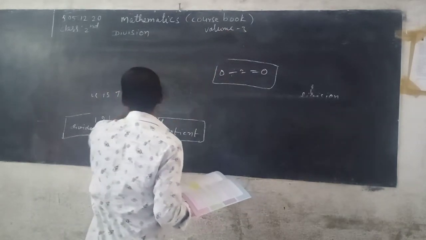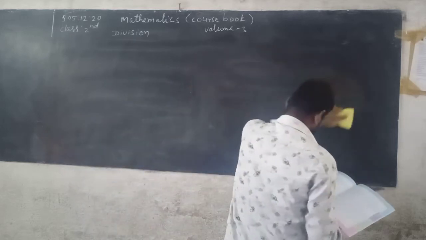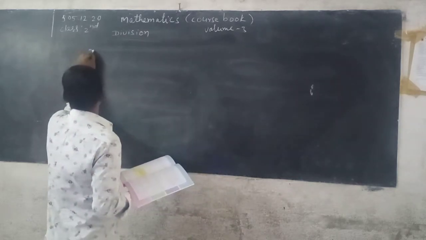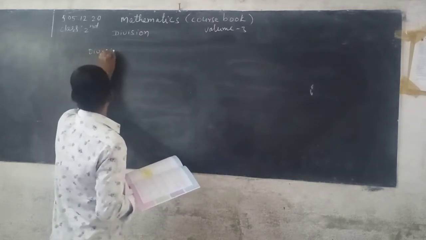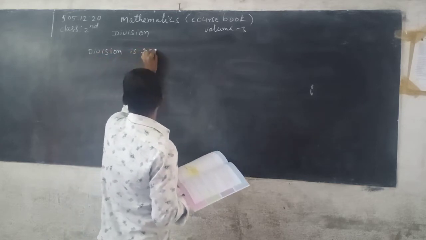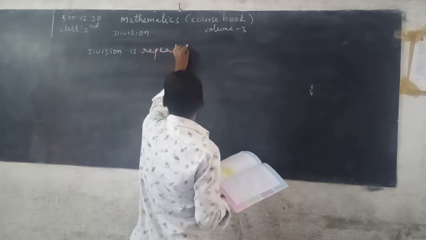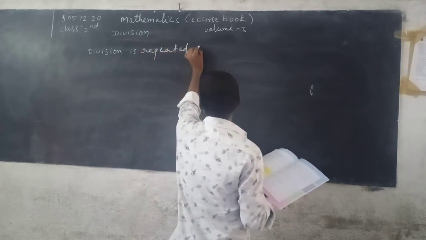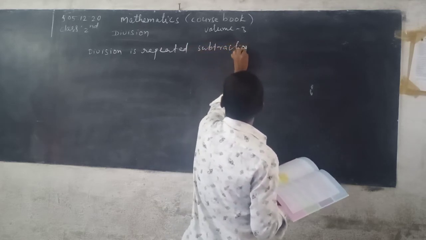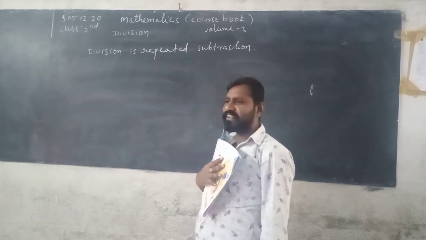Now next, once again explain division. Division is nothing but repeated subtraction. How is it possible?